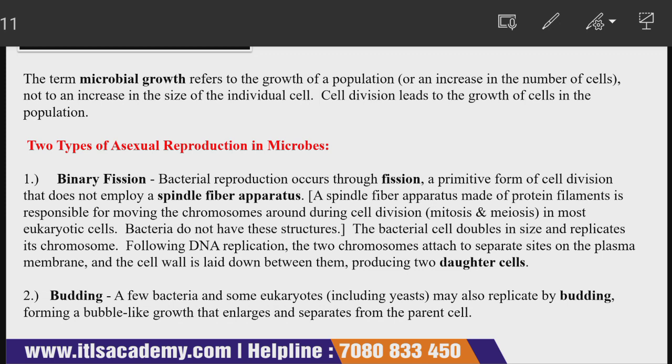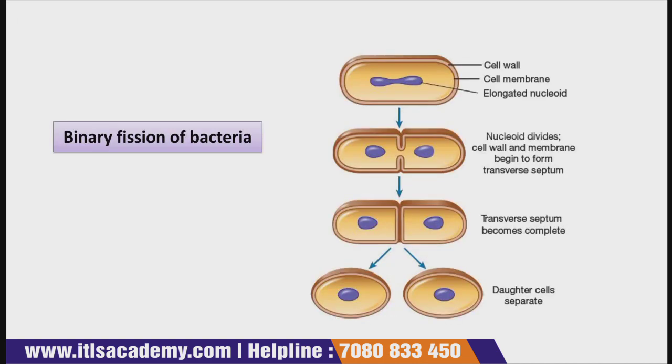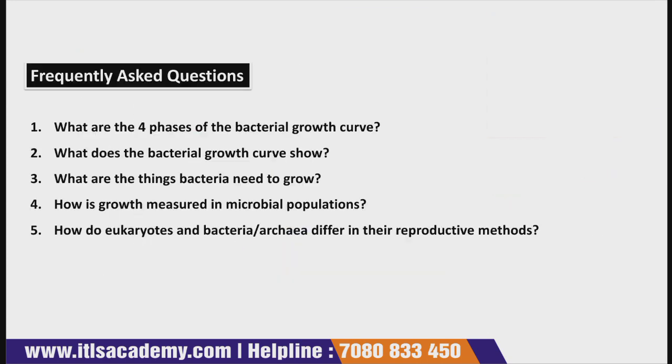Bacteria reproduce through fission, but eukaryotes have the spindle fiber apparatus, which is missing in bacteria. Bacteria do not have this structure. So you can go through this slide and get the answer from here. This is all about the important questions that may be asked in interviews, how eukaryotes and bacteria differ in their reproductive methods.